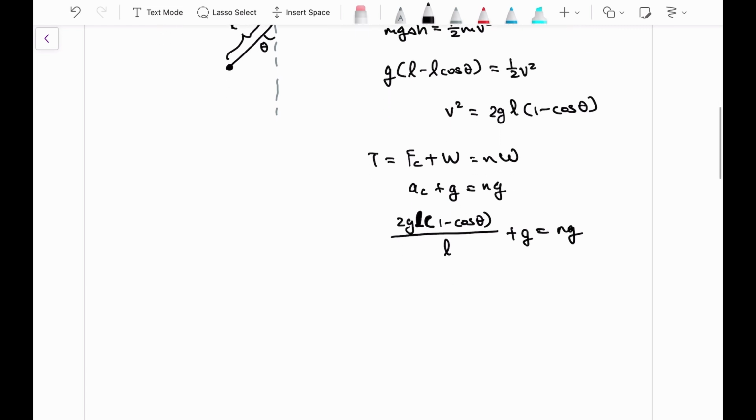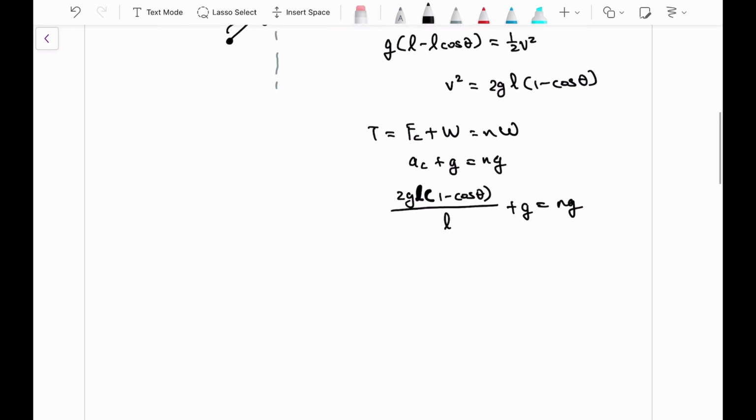And then we can solve for cosine theta. The L cancels out, and so n minus 1 times g is equal to 2g times 1 minus cosine of theta.